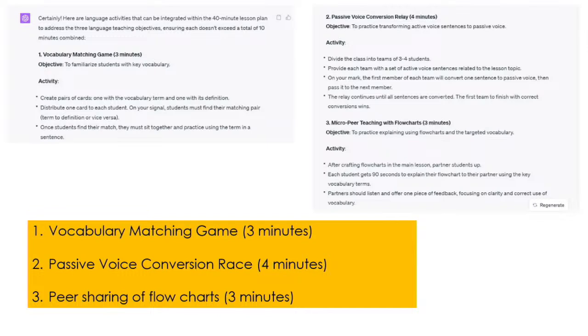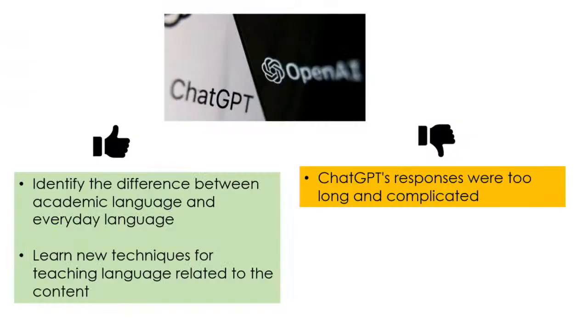So with ChatGPT, the Taiwanese teachers who used it gave me some feedback. They said, ChatGPT is useful for identifying the difference between academic language and everyday language. ChatGPT can also teach us new techniques like vocabulary games, to teach language that's related to the content.